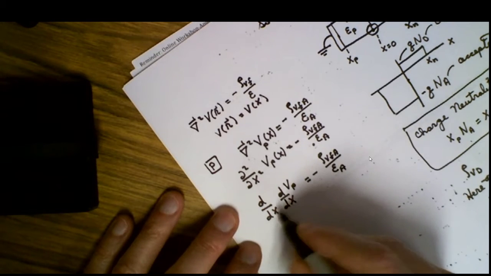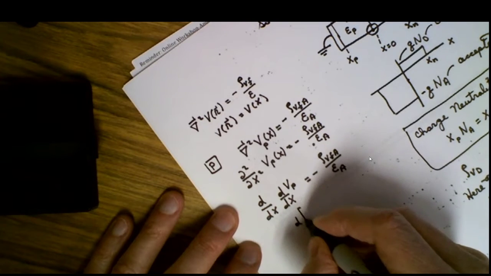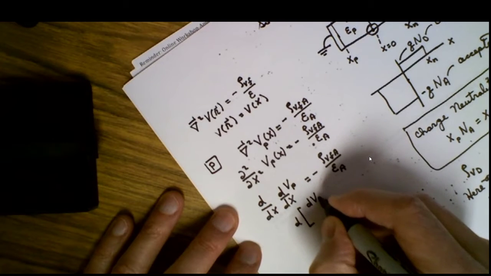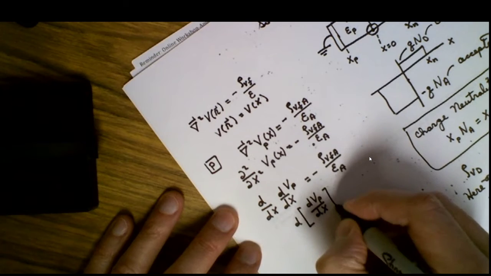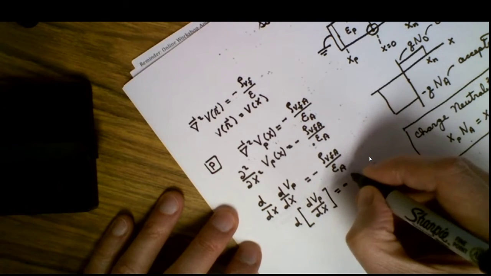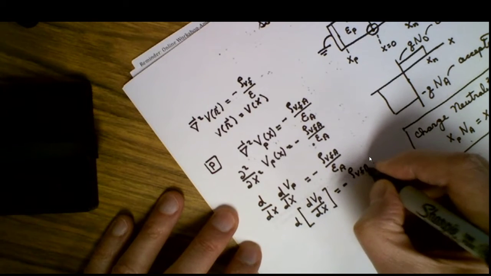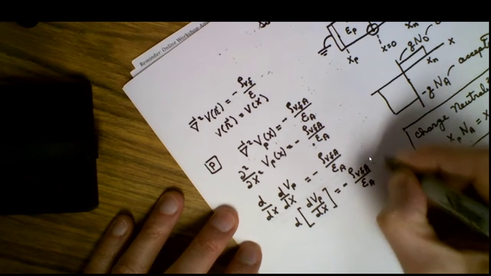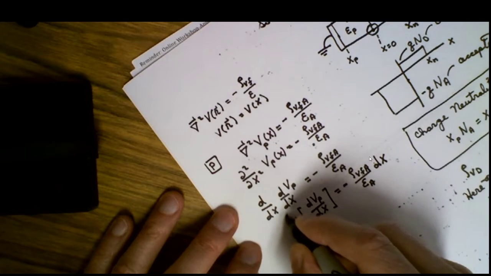That is multiplied through by dx. Well, this will be the differential of the change in our potential with respect to x. And this is equal to the negative of our volume charge density for the acceptors divided by epsilon sub A times dx. Our next step is to integrate.